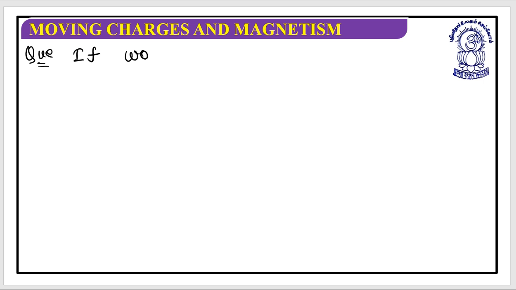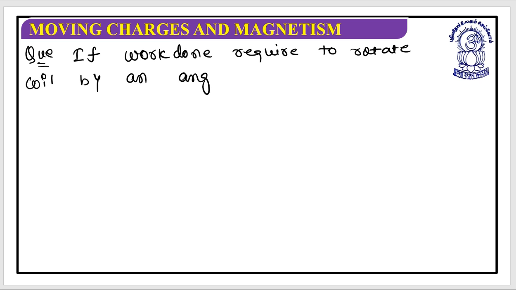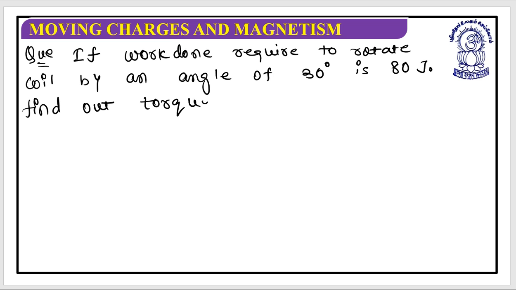If work done required to rotate a coil by an angle of 30 degrees is 80 joules, find out the torque acting on it at that instant.